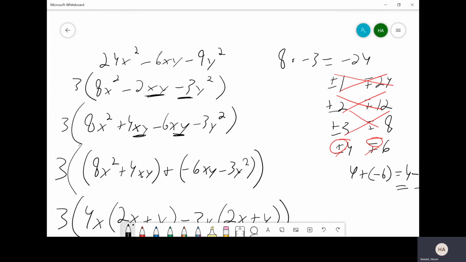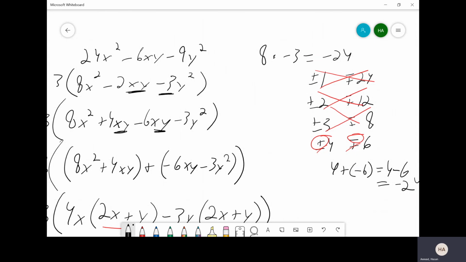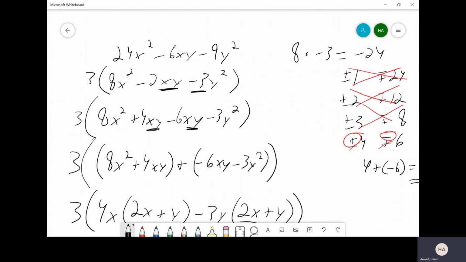Then what we did was we followed the procedure of multiplying a times c, the coefficients, right? And these coefficients were 8 times -3, which led us to -24. We looked at the factor pairs of -24 and found the ones that would add together to give us a -2. And then we just ported them in, right? We just plugged them directly in with the +4, the -6.